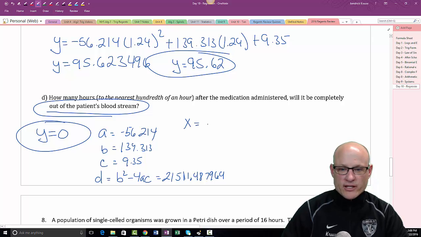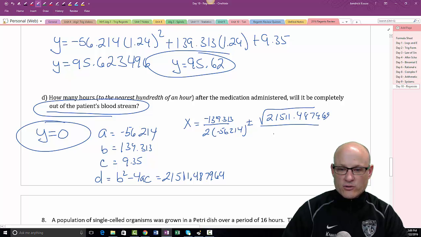So x equals negative b over 2a. My goodness, I'm having a hard time with negative b. So it would be negative 139.313, plus or minus the square root of 21511.487969, all over 2 times negative 56.214.